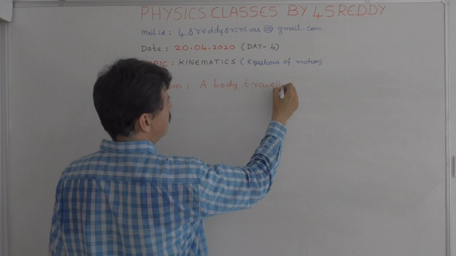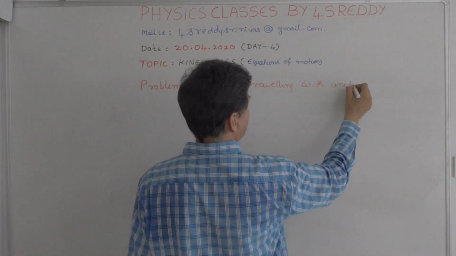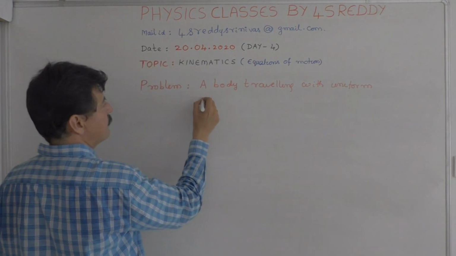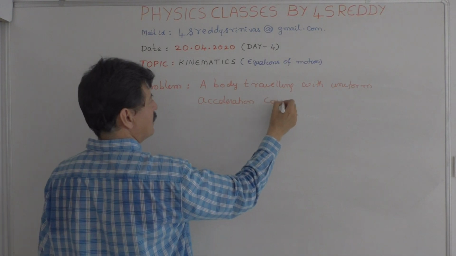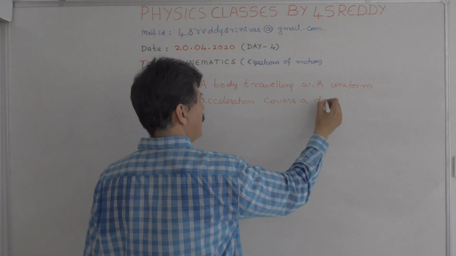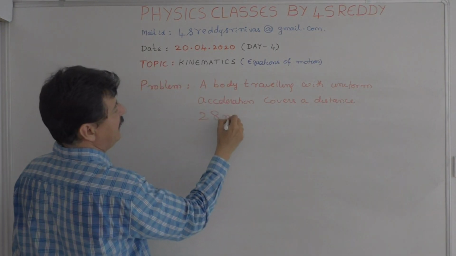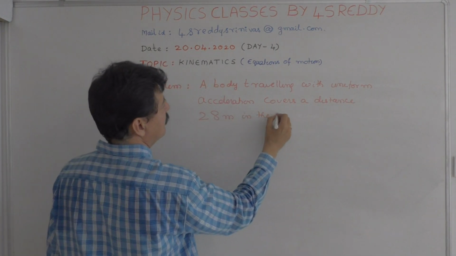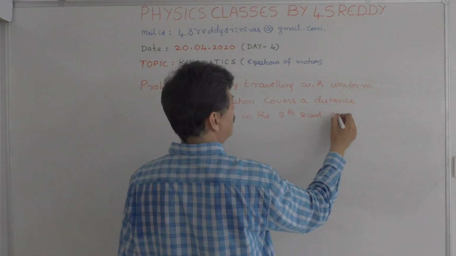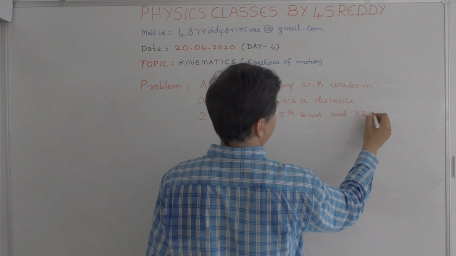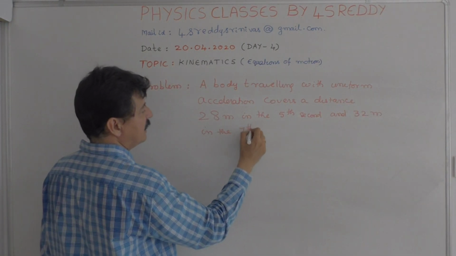A problem based on that: a body traveling with uniform acceleration covers a distance of 28 meters in the 5th second and 32 meters in the 7th second.